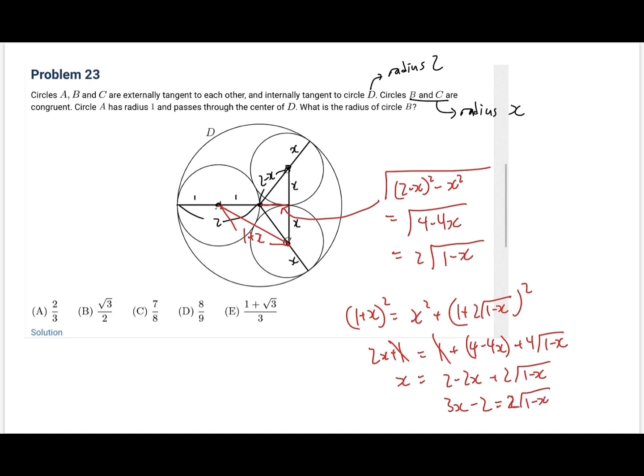Let's square both sides, so that would make 9x squared minus 12x plus 4 equals 4 times 1 minus x. And so 9x squared minus 8x, and the 4s cancel, equals 0, so x equals 8 over 9. The answer is D.